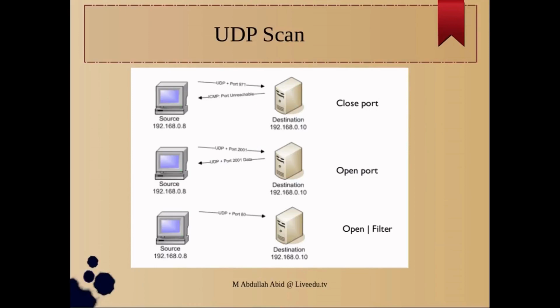If we send a UDP packet to a particular port and get an ICMP response, ICMP being another protocol, saying port unreachable, that means a closed port. If we send a UDP packet with a port number and we receive a UDP packet, that means an open port. If we send UDP and we don't receive anything, that may represent a filtered port.